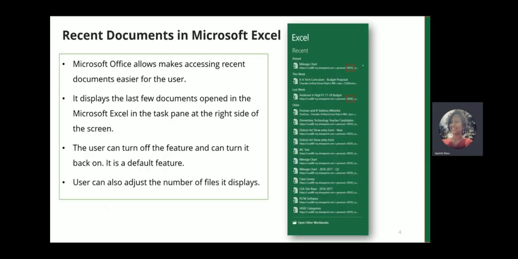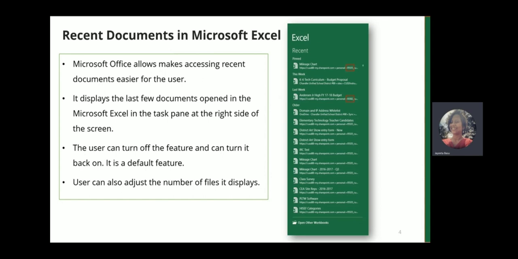Next is about recent documents in Microsoft Excel. Microsoft Office makes accessing recent documents easier. It displays the last few documents opened in Microsoft Excel in the task pane. You can turn this feature off and back on, and also adjust the number of files it displays.